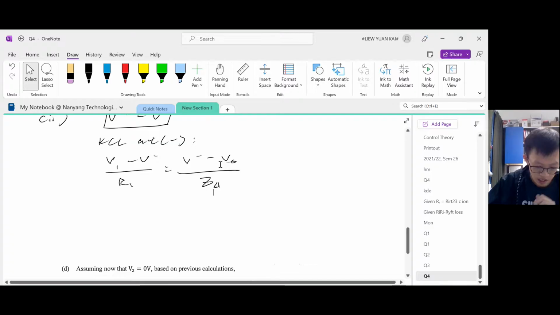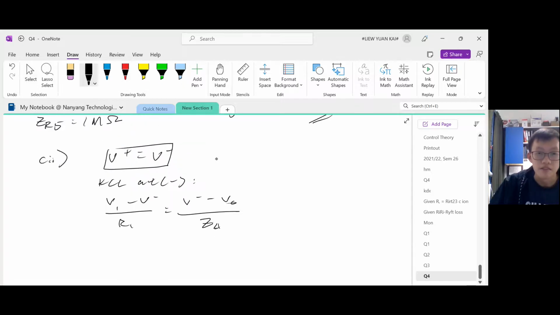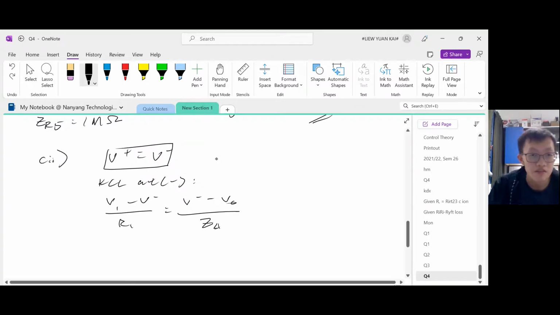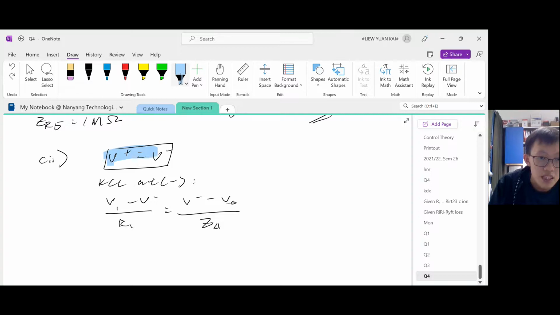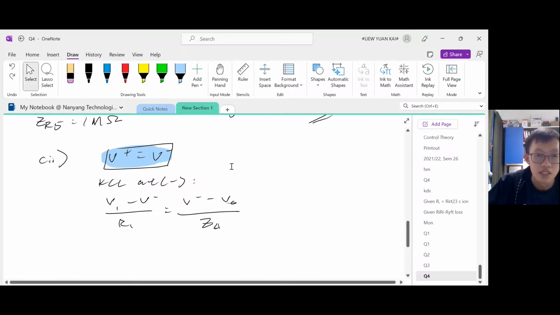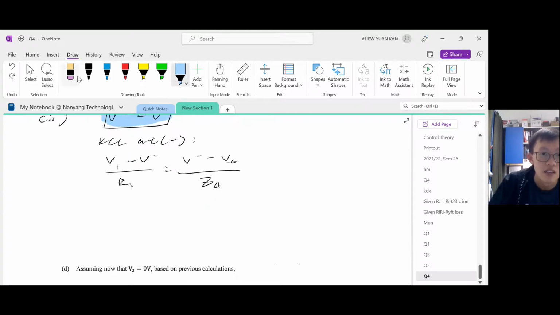Now what are we supposed to do? We are supposed to make V minus the subject. Why? So that we can use this fact later and equate it to V plus. So let us go ahead and do that. Cross multiply, you get this.